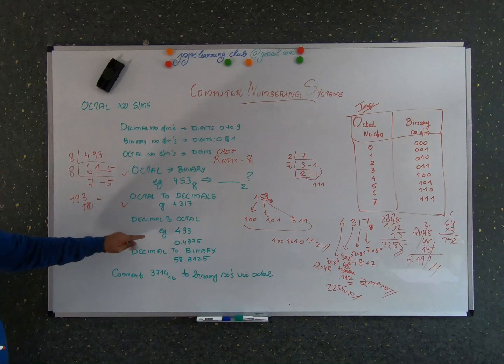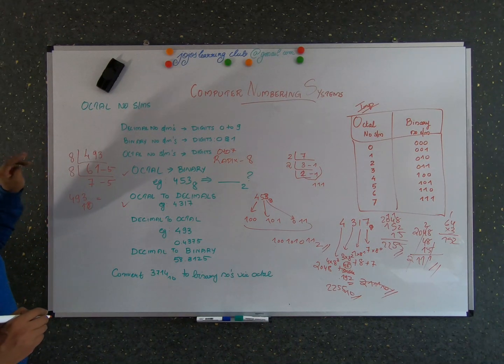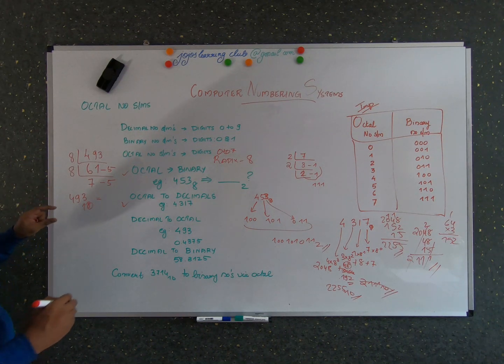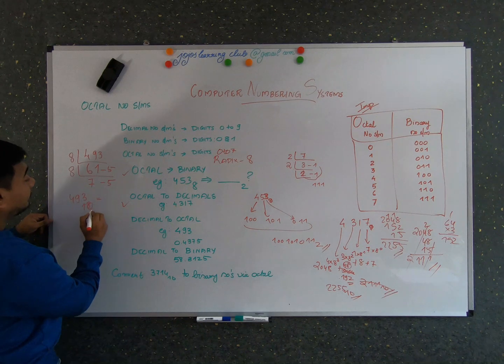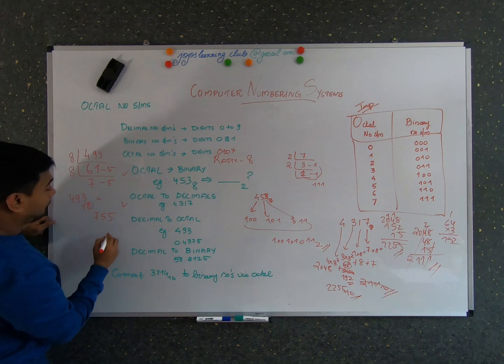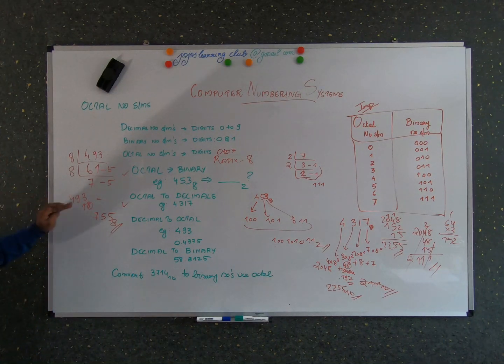To convert a decimal number to octal, you just divide repeatedly by 8 until you get the smallest number, that is between 0 to 7. So here the value would be 755 to the base 8. This is the octal representation of the decimal number 493.